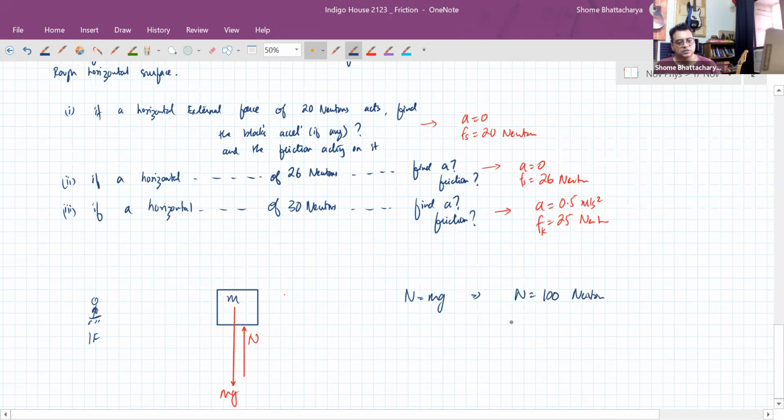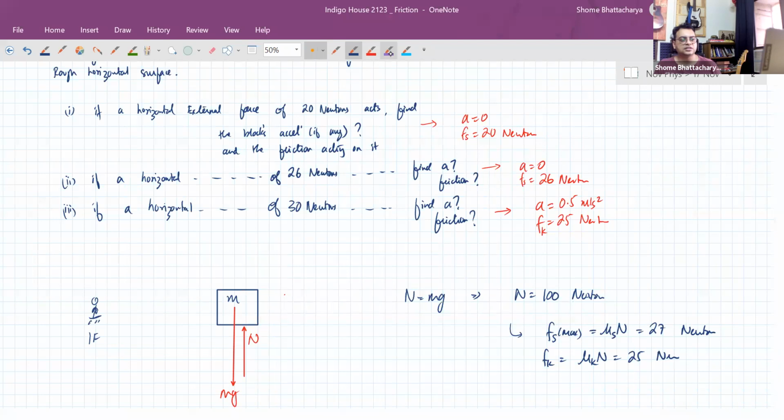So from this, first of all, we can understand that the limiting static friction, which is coefficient of static friction into normal reaction, is 27 newtons. Whereas the kinetic friction, which is coefficient of kinetic friction into normal reaction, is 25 newtons.